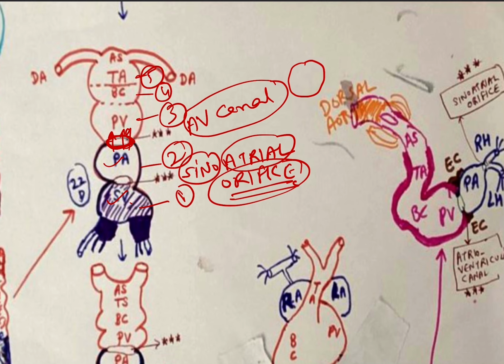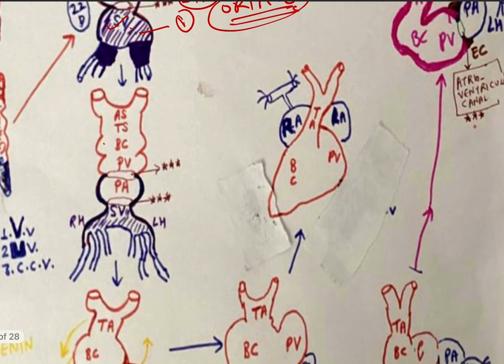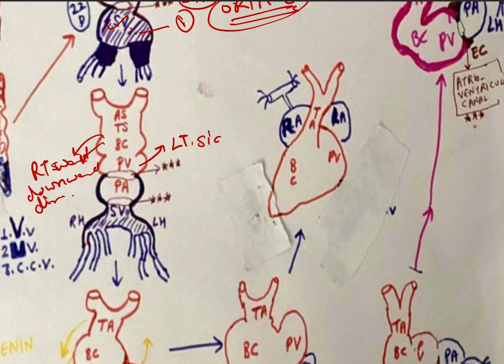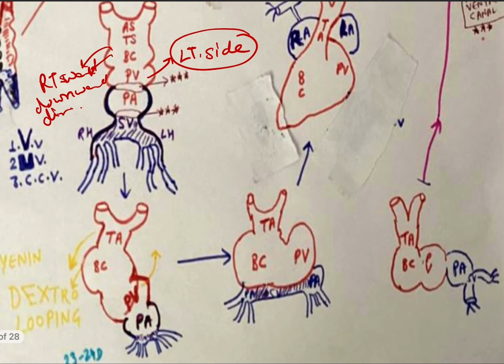Now what happens? As I told, the bulbus cordis starts developing comparatively more in such a way that it starts shifting rightward and downward, and the primitive ventricle starts shifting toward the left side. So it takes this position.